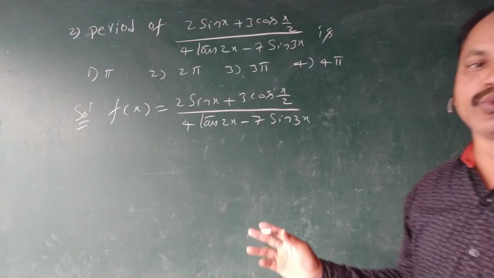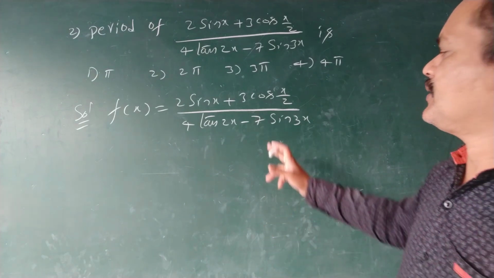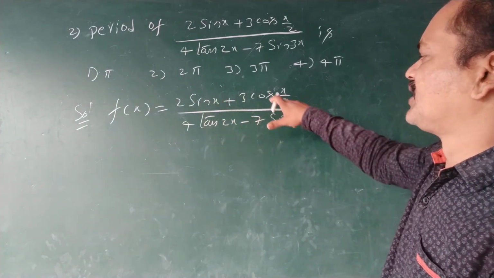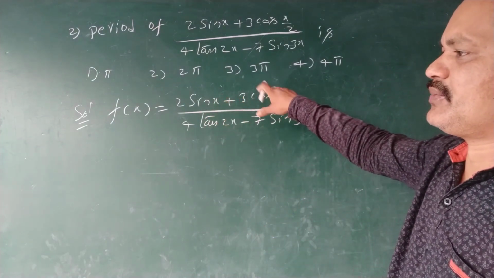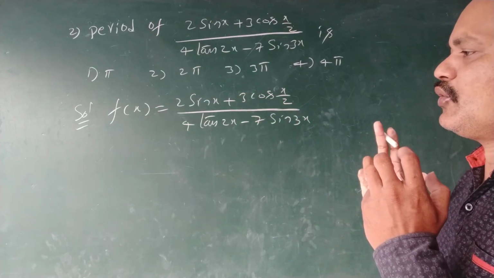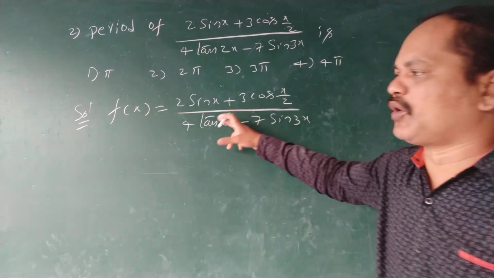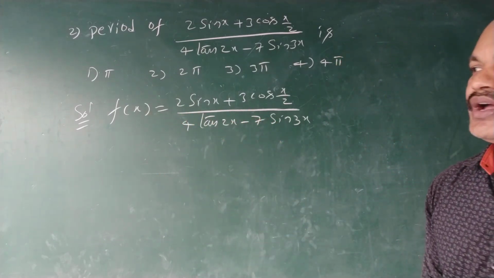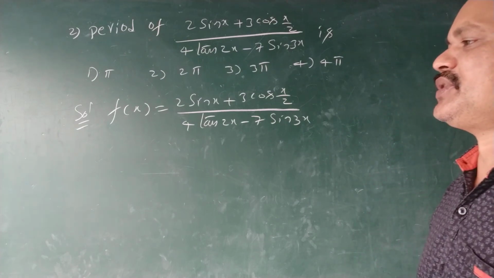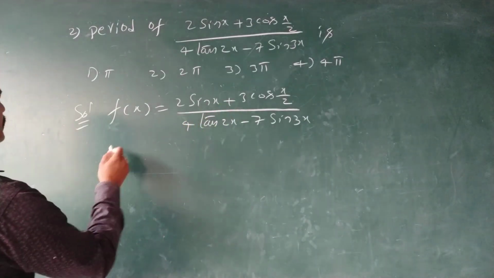That's why we have to identify the individual period for each function. After that, the period of f of x is nothing but the LCM of all these periods. According to the definition of the period, the sin x period is 2 pi. That's why we have to write all these periods.